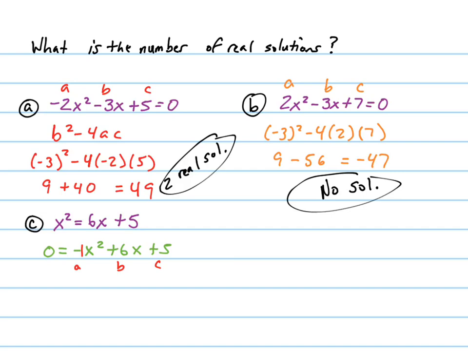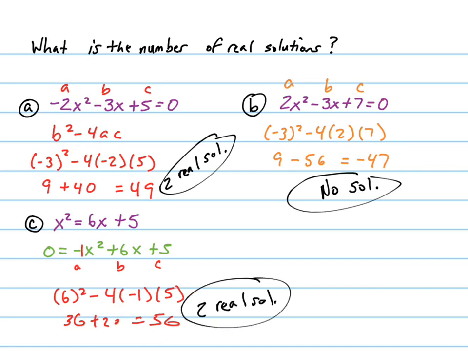So we're going to plug this into the discriminant again. So 6 squared minus 4 times negative 1 times 5. So here we have 36, and then we've got plus 20, so that's 56. So since, again, it is positive, we have 2 real solutions.